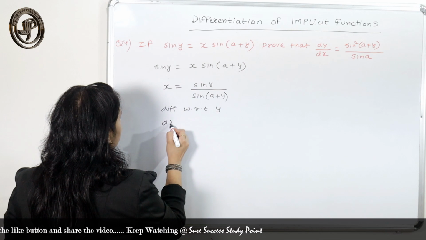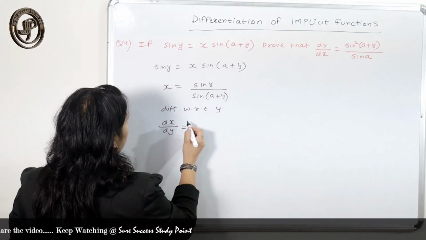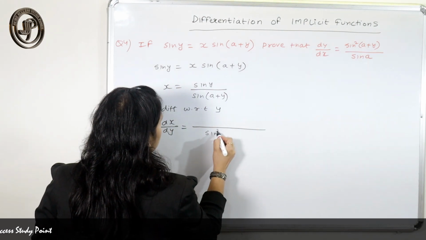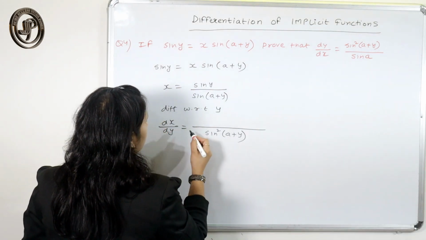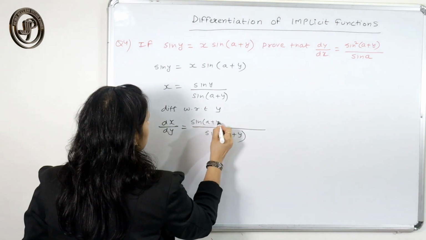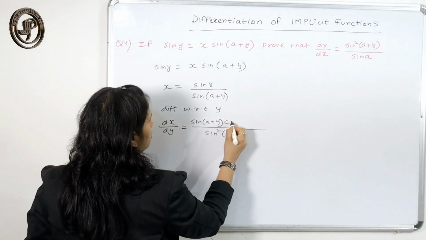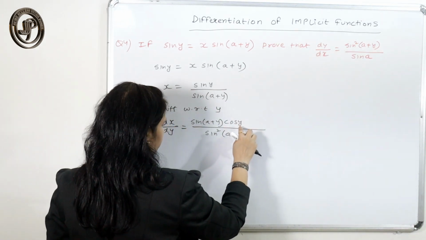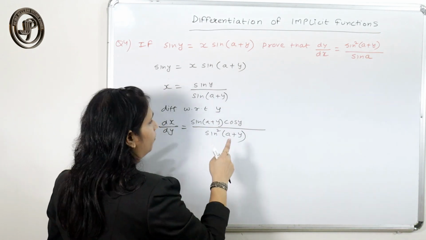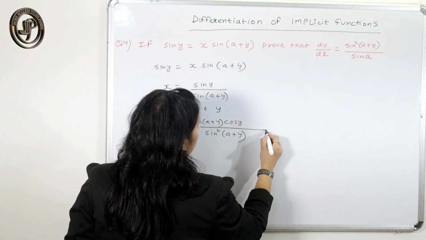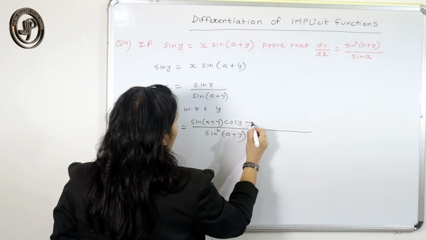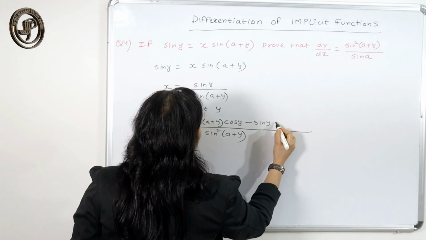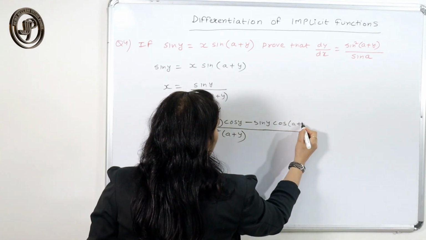So I get dx by dy equals, here I just apply the quotient rule, the u by v method. So v square, v as it is, derivative of u which is cos y. I don't take the derivative of y again, because here I am differentiating with respect to y only. Now minus sine y as it is, derivative of sine (a plus y) will be cos (a plus y).